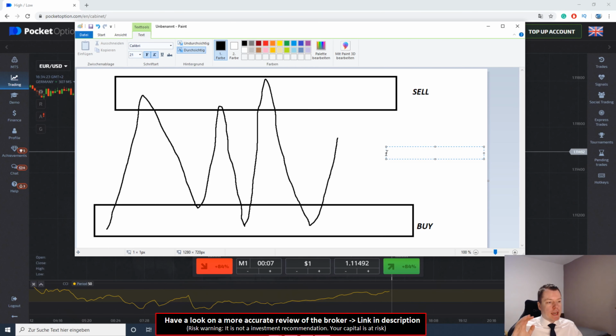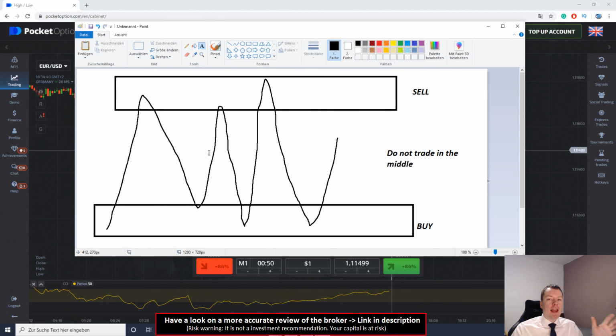And what I have to mention, it's very important: do not trade in the middle. Don't trade inside the range, because most of the time you will fail. I did it a lot of times and I failed trading in this area. It's safer to trade outside this area.